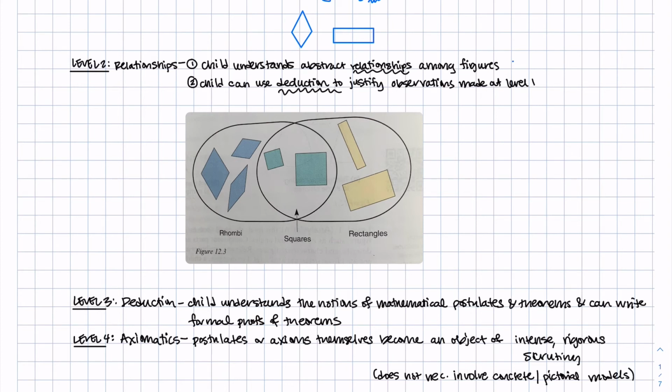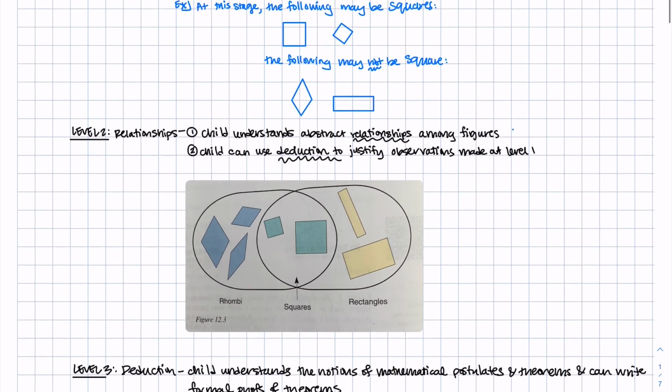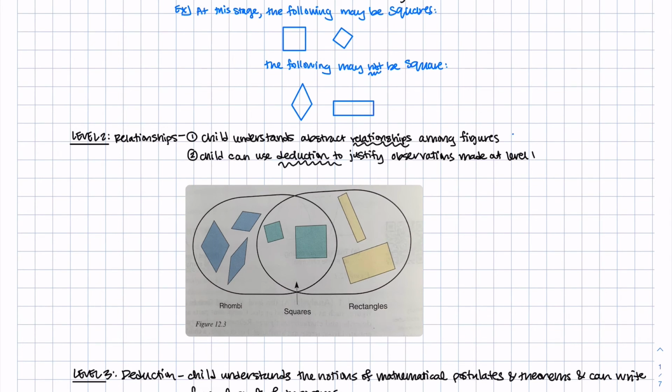So they're making these observations that allow them to distinguish between different types of shapes and make more subtle distinctions. And now they can use low-level deduction to justify the observations that they made at level 1. They may not make very different distinctions between level 1 and level 2, but they can use deduction to justify it, as opposed to just looking at different properties in a single instance.